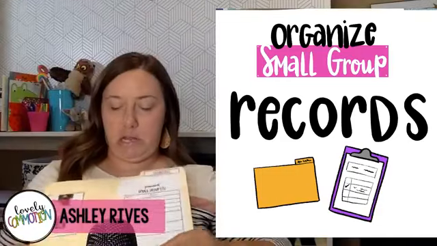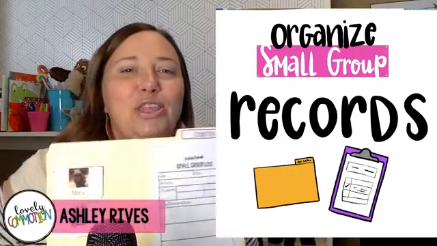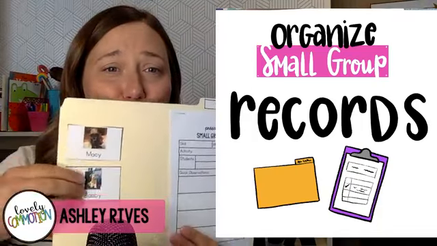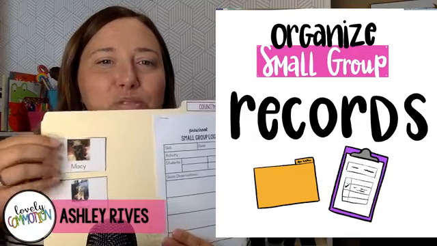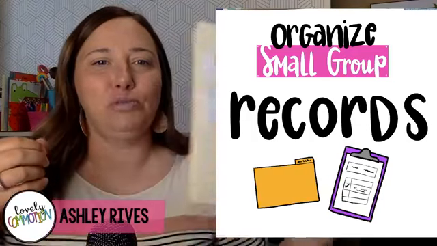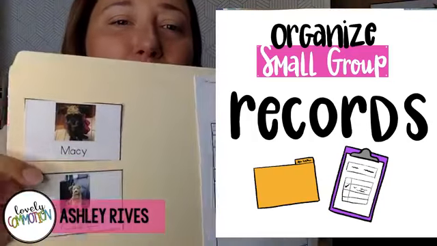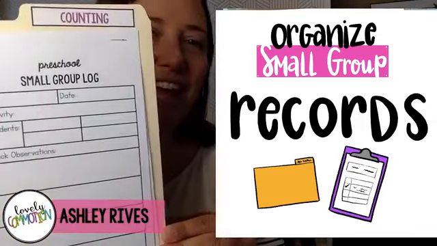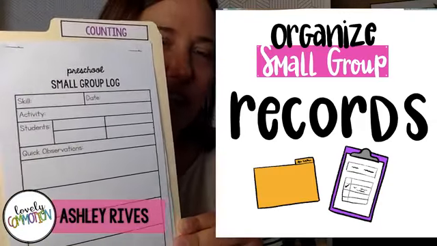So I had already thrown away and gotten rid of this year's student tags. So I just made you some so that you could see these are my pups. So Macy and Gabby are in this group, the counting group, and they are working on counting.